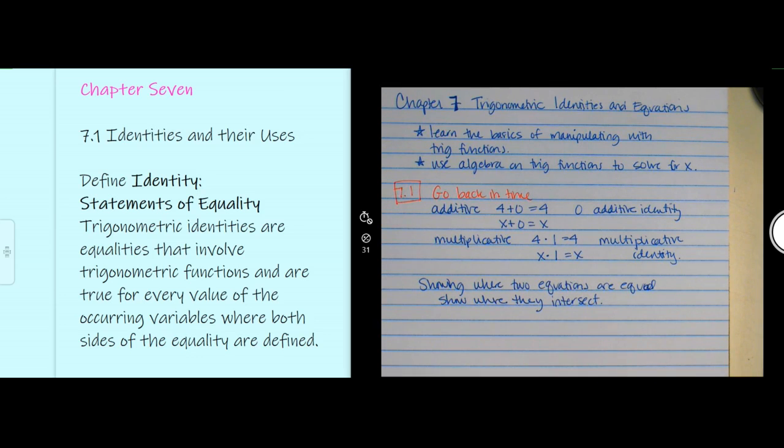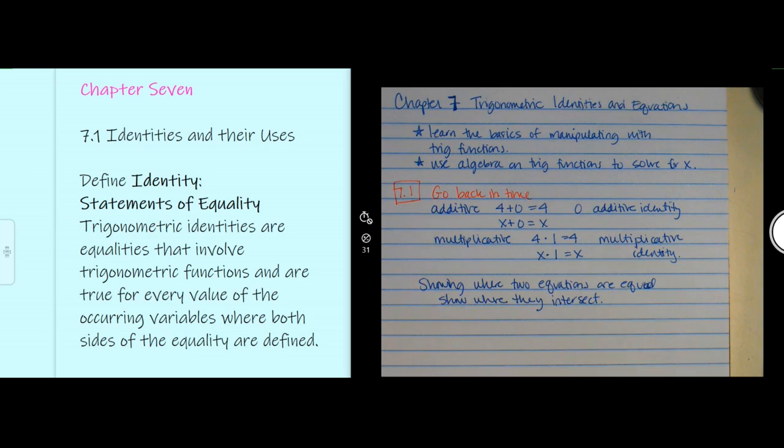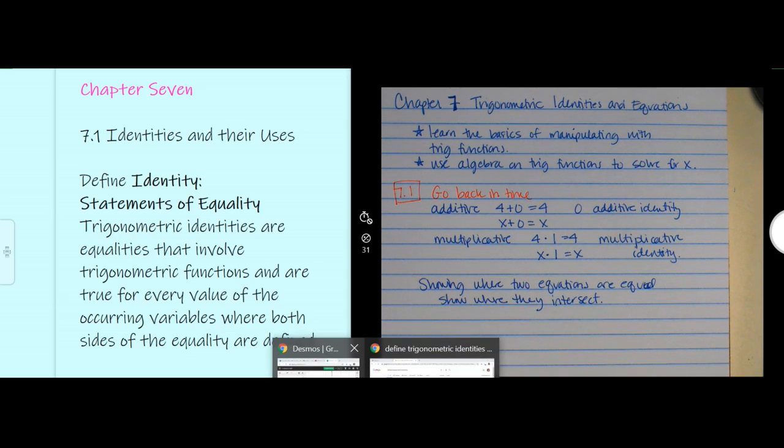So for example, if I wanted to know where sine and cosine are equal, I can graph them. And I'm going to go through several graphs for you today. So let me find my graph.